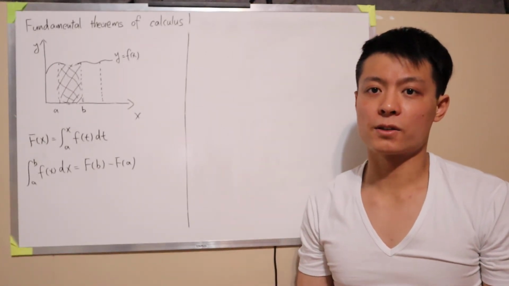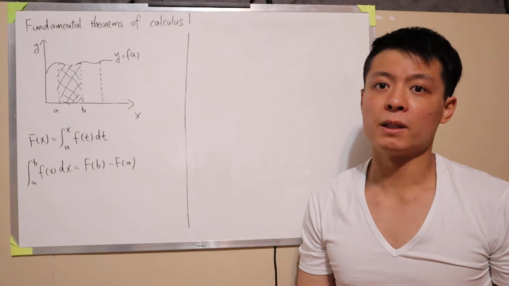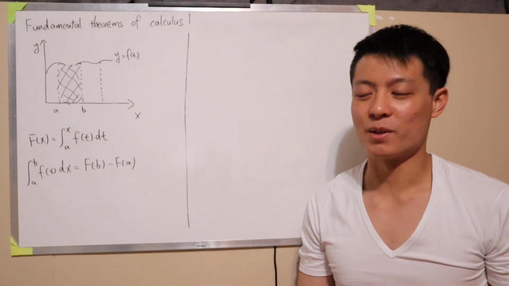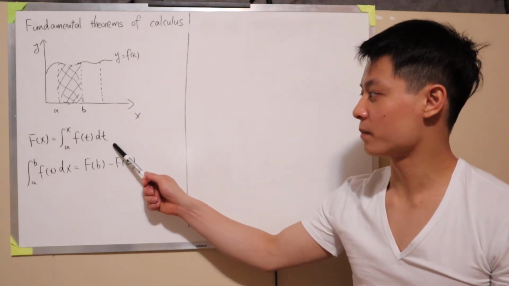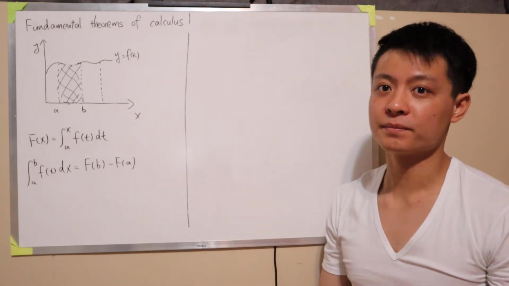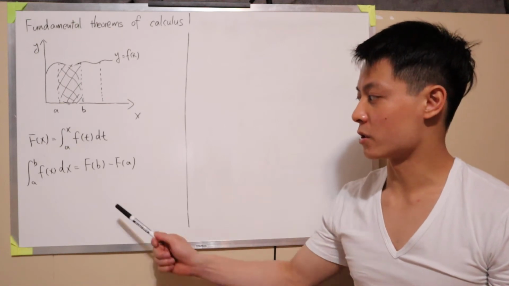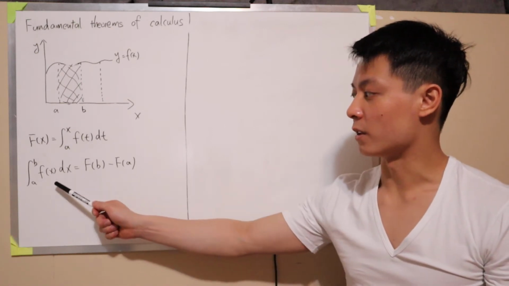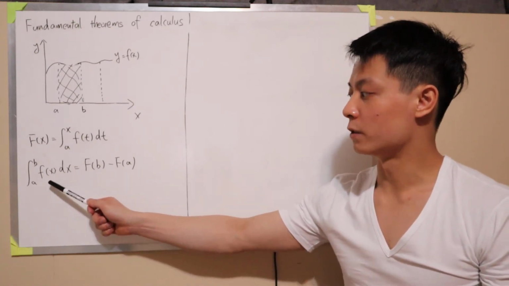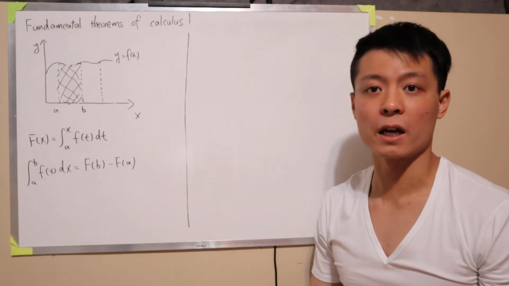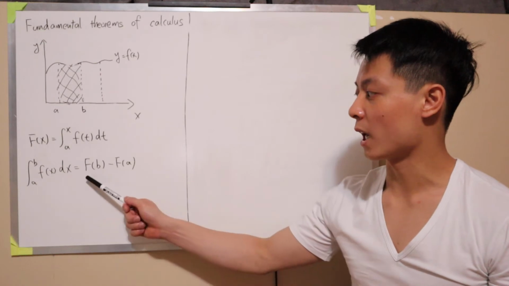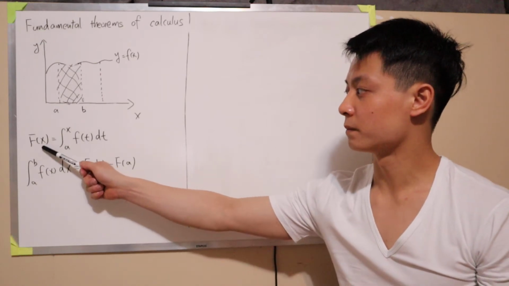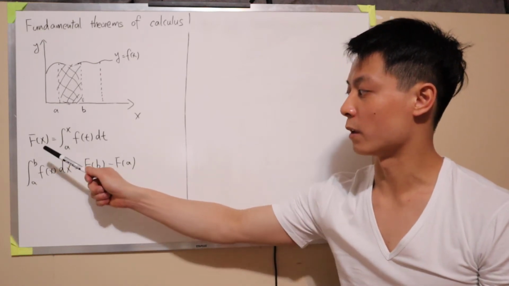Hi guys, let's come to the fundamental theorem of calculus part 2. So last time we mentioned this kind of formula, and this time we're gonna mention that the definite integral from a to b of f(x) dx can be found by using the antiderivative F(x), capital F of x.